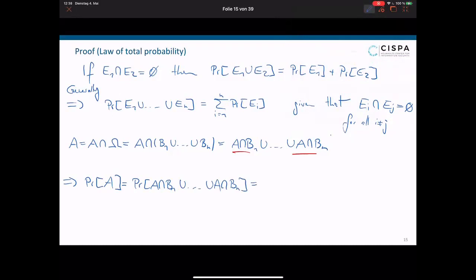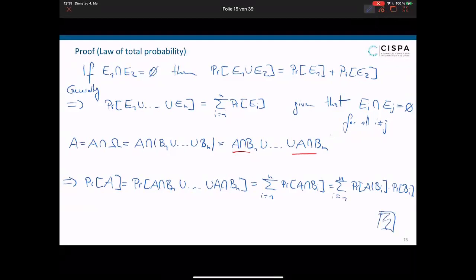So this is just the sum of the probability A intersect Bi, i equals 1 to n. And now using the definition of conditional probability, we can rewrite this probability of A intersect Bi via probability of A conditioned on Bi times probability Bi. This is really nothing complicated.